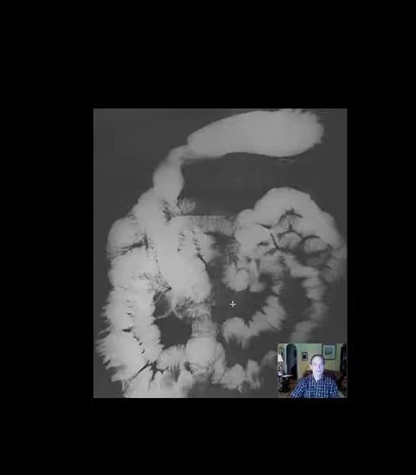So here, starting out, is a small bowel follow-through. And when I show a case like this, it's not going to be anything tricky or subtle. There are obvious abnormalities, these areas here and here and here, and less obvious over here. So how do you describe them?